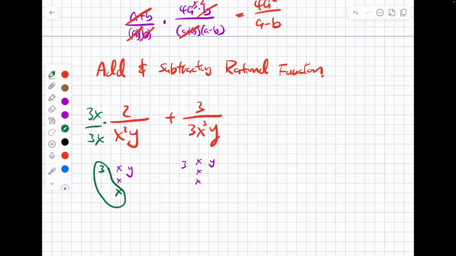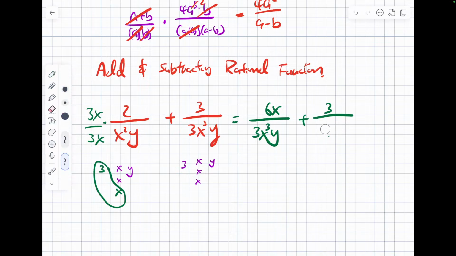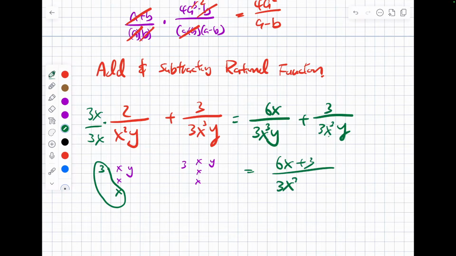That's the only way you can add: when you're adding fractions, you have to make sure you have a common denominator. So this is 3x to the third y, and this is 6x, plus 3 over 3x cubed y. That's equal to 6x plus 3 over 3x to the third y.